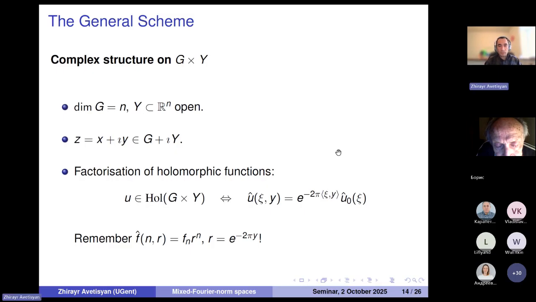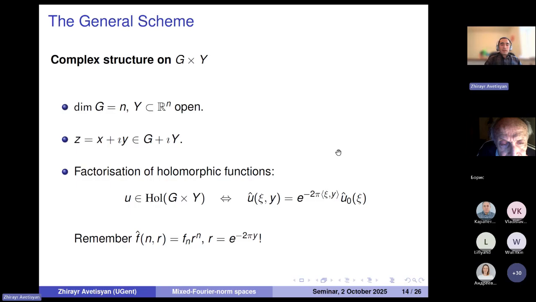It has a natural algebraic extension to complex numbers. It's just what you think, nothing fancy. We just take Y to be an open subset of Rn and have the same dimensions as G, and take Z to be X plus IY. Basically, G plus I times Y is our complex manifold structure.